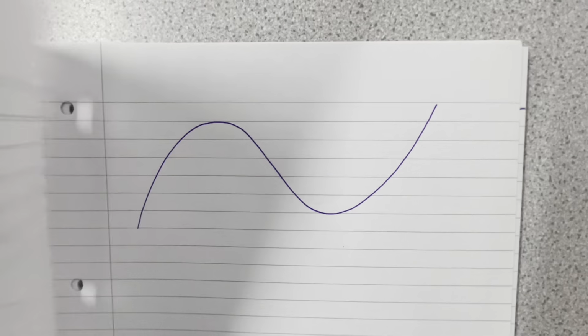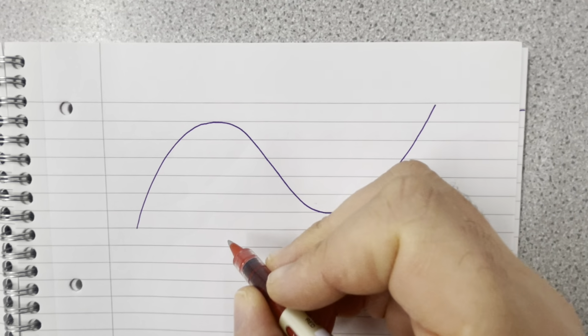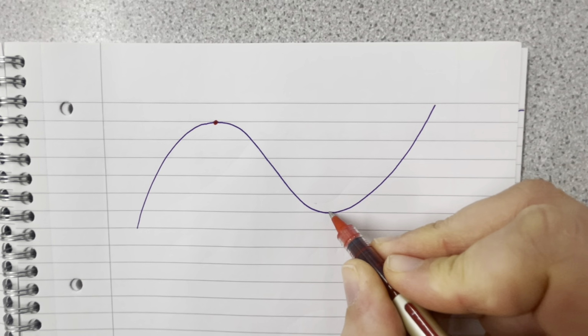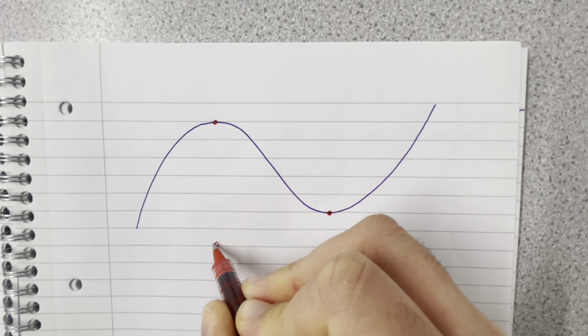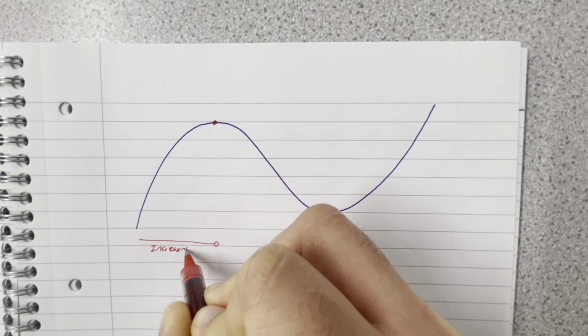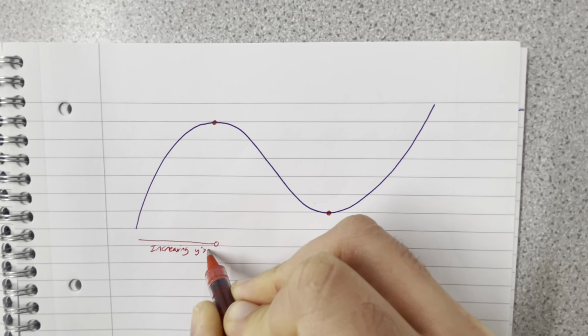Let's just see what the second derivative looks like. So let's look at the first derivative first of all. We've got this point here is interesting, this point here is interesting. To the left of that, we say it's an increasing function because the gradient is positive. Okay, so y primed is greater than 0.